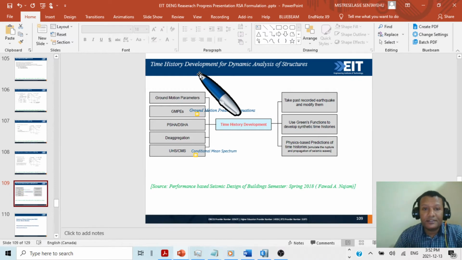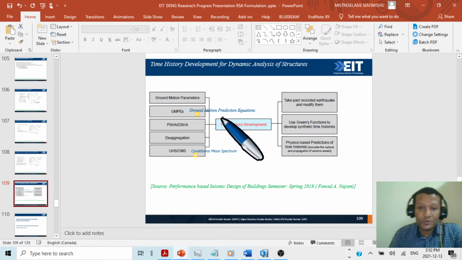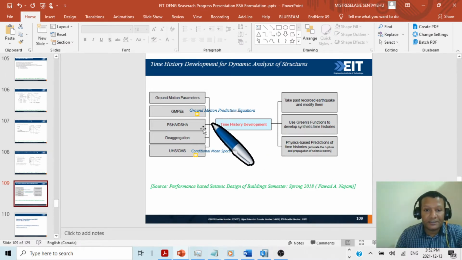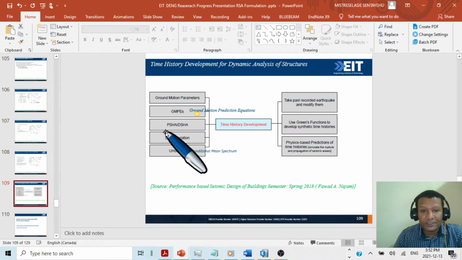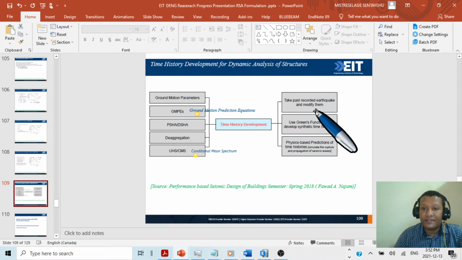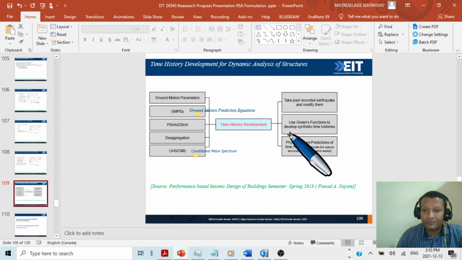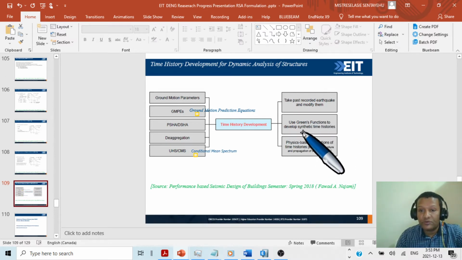So time history development for dynamic analysis of a structure. This is ground motion prediction equation, PSHA, DSHA. This is also a deep concept: how to generate probabilistic seismic hazard assessment and deterministic seismic hazard assessment, deaggregation, what is deaggregation, conditional mean spectrum, time history development, take past recorded earthquakes and modify them, use Green's function to develop synthetic time histories, physics-based prediction of time history, simulation, and others.